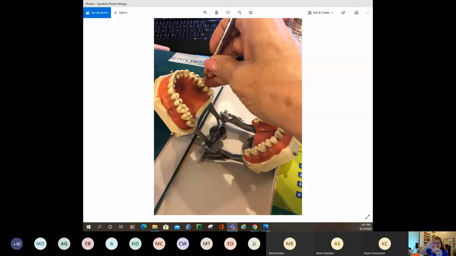And what you're feeling is not this whole long part. You're going to be feeling with just the last couple millimeters of the side of that tip. We don't want the tip on just full force, like this. We don't want that. We want the side of the tip.